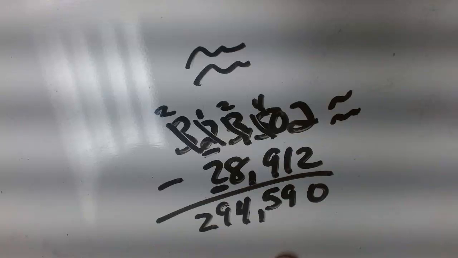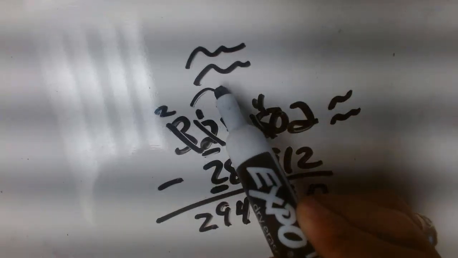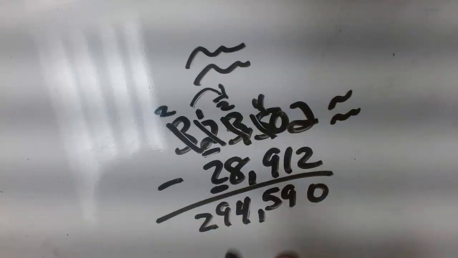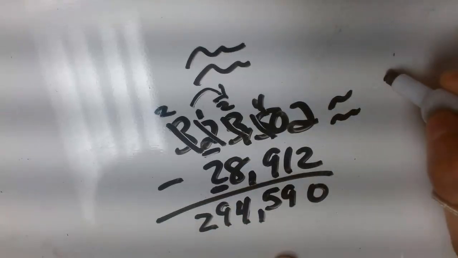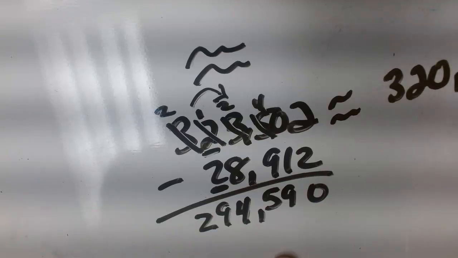So if we're rounding, we have to look at the number to the right, which is a 3. Because it's 4 or less, when you round, that is what you would get.